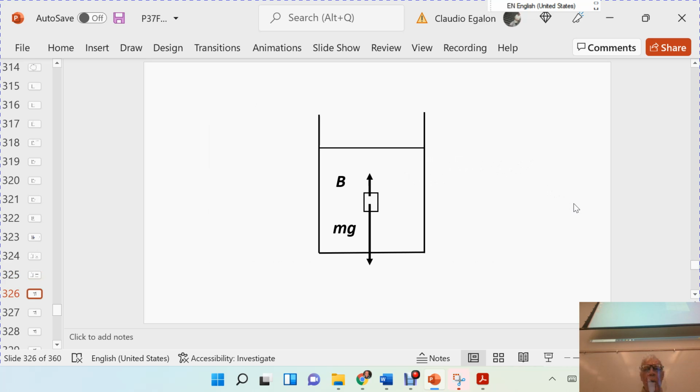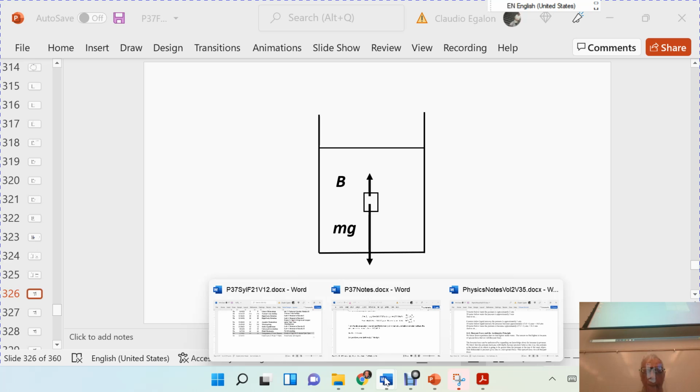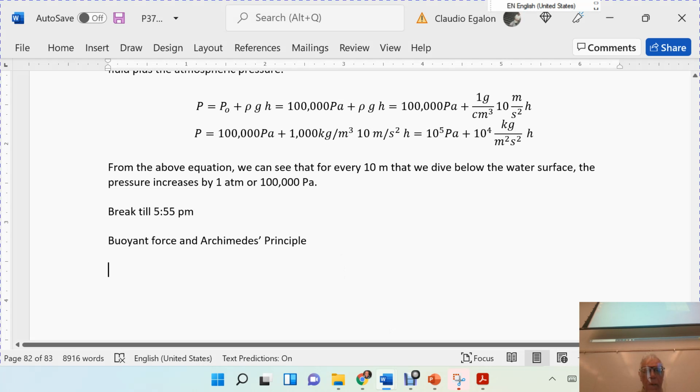Okay, and now we are ready to talk about what's the value of the buoyant force. Okay, so here you go. Let's write that down here, right? Buoyant force.